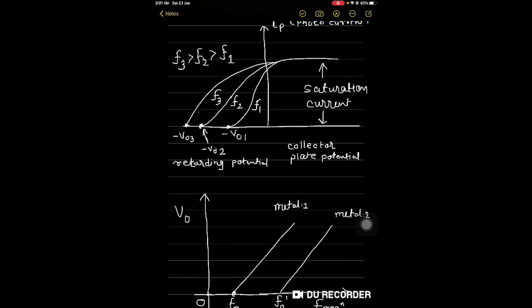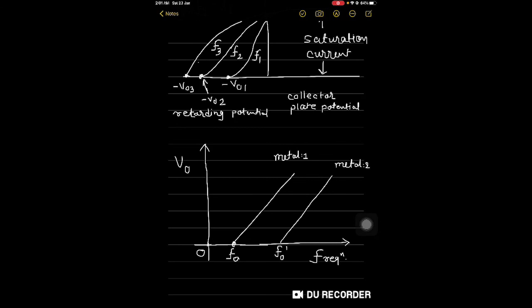Above the threshold frequency, the stopping potential, or equivalently the maximum kinetic energy of the emitted photoelectrons, increases linearly with the frequency of the incident radiation, but is independent of its intensity, as given here in the last figure.